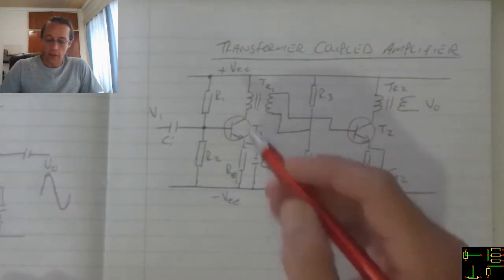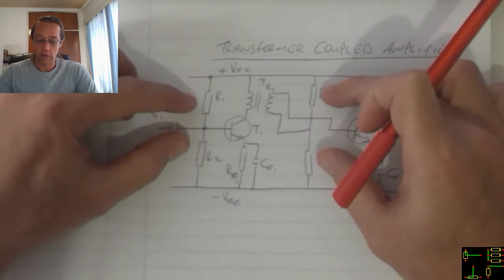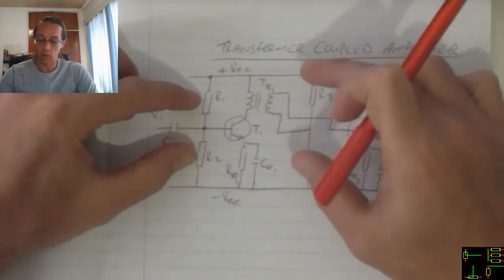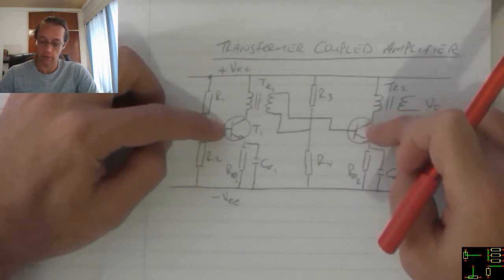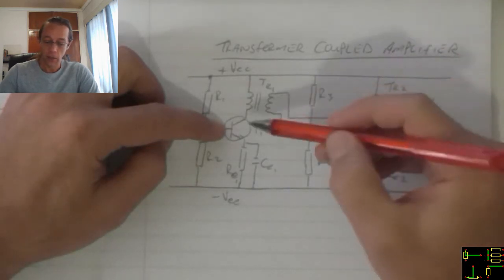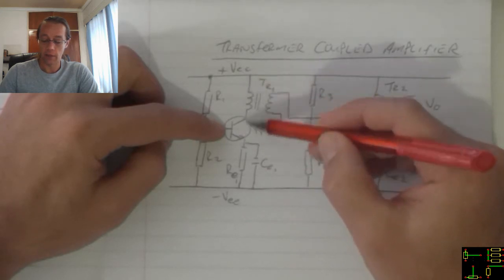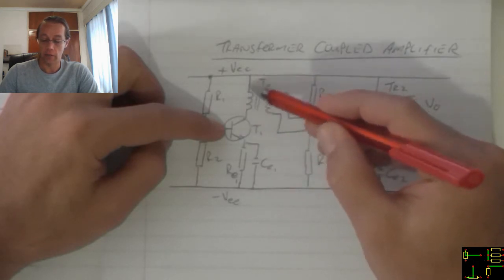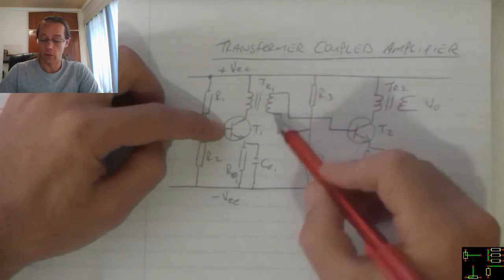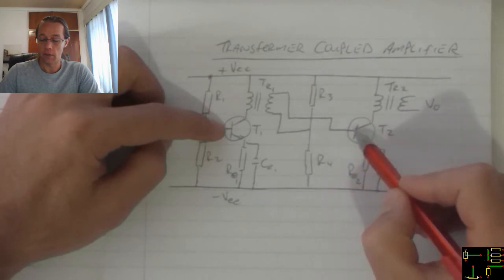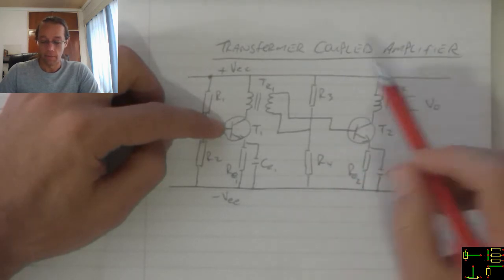Now the basic operation. These base biasing resistors, when we connect power, will put these transistors into the active region. Because we've got current flow, a change in current flow through the transistor will induce a voltage, which will then be seen on the base of the next transistor or on the output.